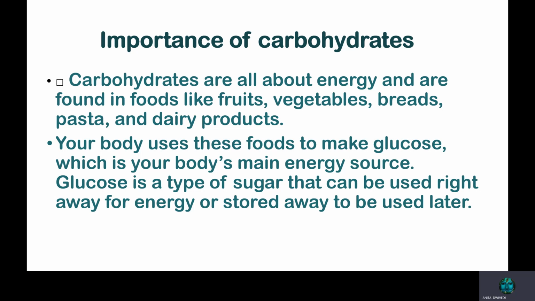Carbohydrates are all about energy and are found in food like fruits, vegetables, breads, pasta, and dairy products. Your body uses these foods to make glucose, which is your body's main energy source. Glucose is a type of sugar that can be used right away for energy or stored away to be used later.